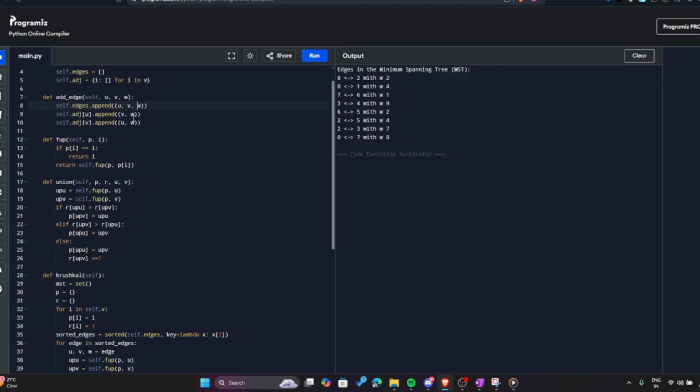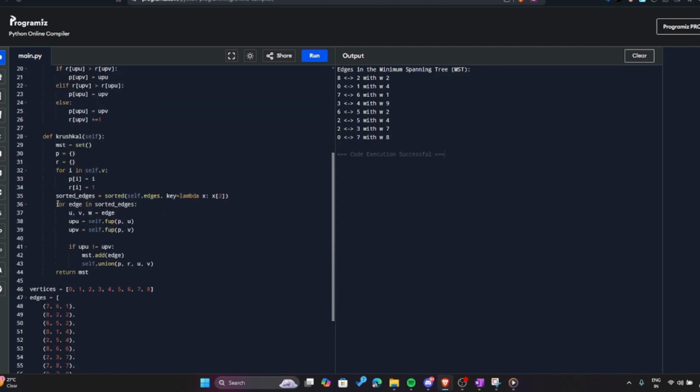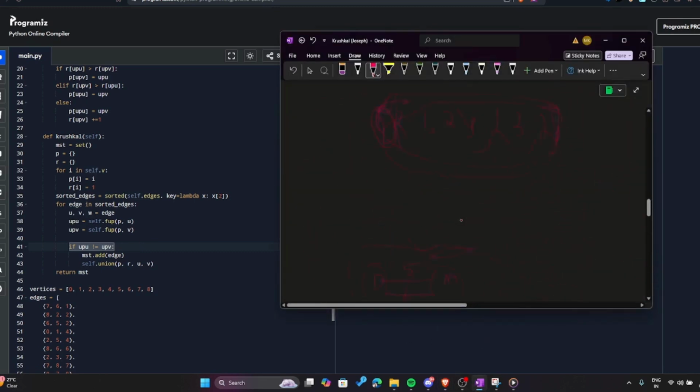Once they're sorted, I'm going to iterate through the sorted edges, extract u, v, and w, and find the ultimate parent of u and the ultimate parent of v. And if their parents are not the same, that means they are not connected.